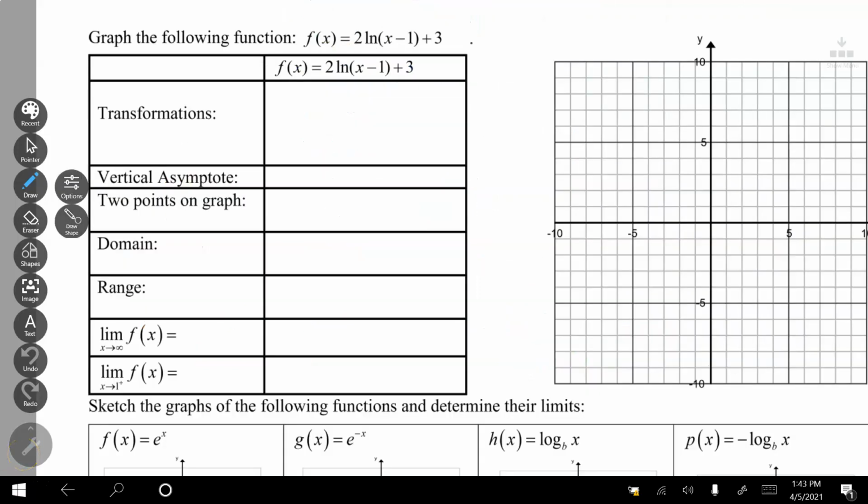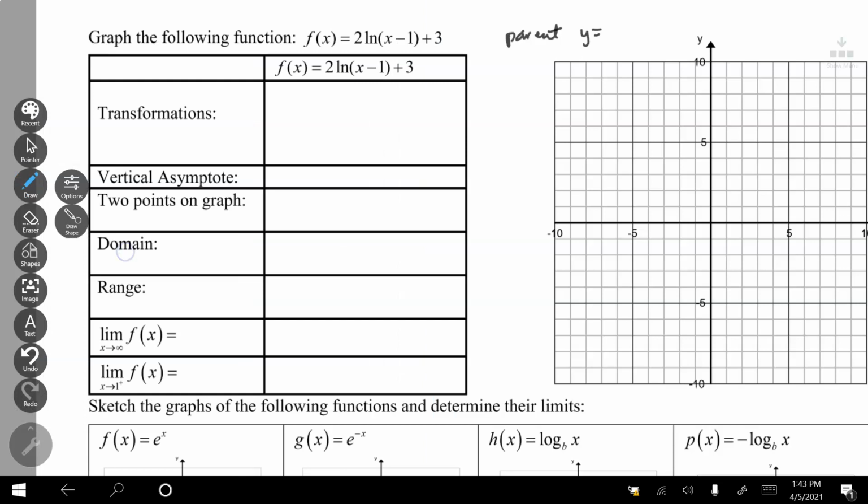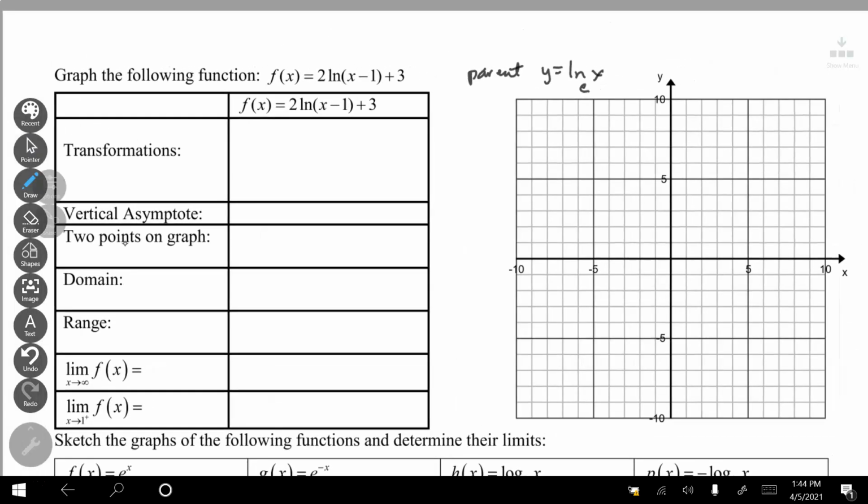Okay, so for this one, my parent is going to be y equals the ln of x. Oops, went too far up. ln of x. Remember the base is e. So my points on this graph are going to be 1, 0, e comma 1, which is about 2.7 comma 1, and e squared comma 2, and that is about 7.4 comma 2.